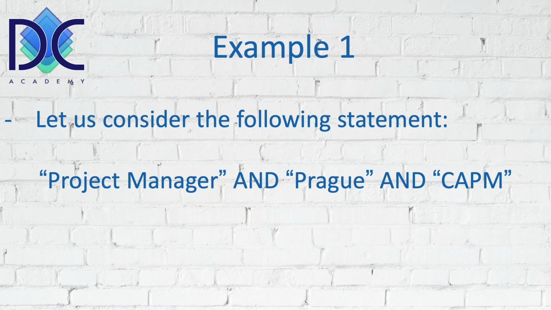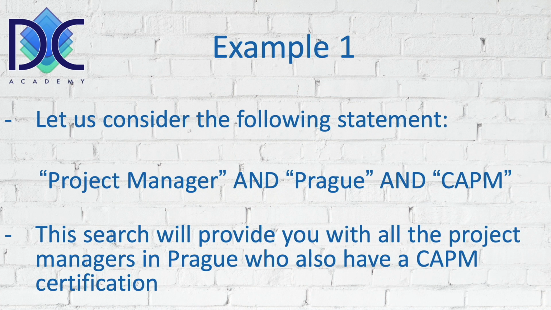Basically all three conditions have to be true. This search will give you the list of all the project managers in Prague who also have a CAPM certification. These are elements that we can add as selection terms, and when we use them in Facebook or in LinkedIn, how we put those elements together will lead to different search results.